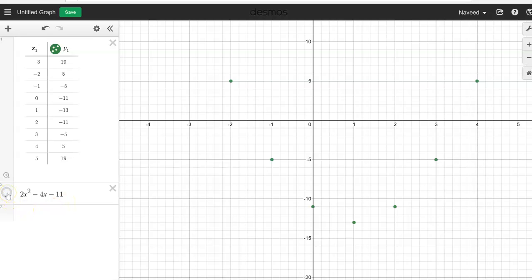If you did these coordinates properly and accurately, it should go through the graph. Okay, here it is. Yes, it did. Fantastic. So that's how you create the graph of a quadratic function using a table of values. Now, I do have to say it is not the most efficient way of doing this. In fact, it is quite cumbersome.